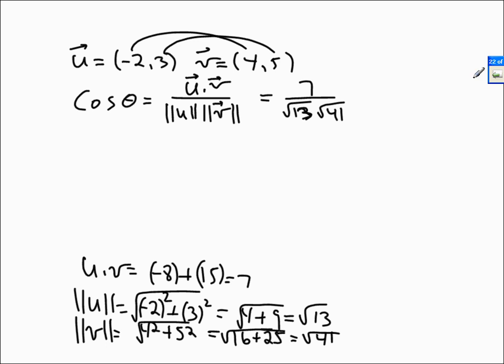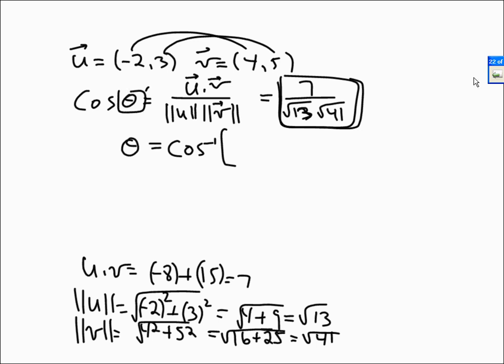Okay, so the cosine of the angle is this. If you want to know what the angle is, you take the cosine inverse of the right-hand side. Basically, I'm switching what's in the boxes. And if you want me to write theta on the other side, I can do that. I just switch what's in the boxes.